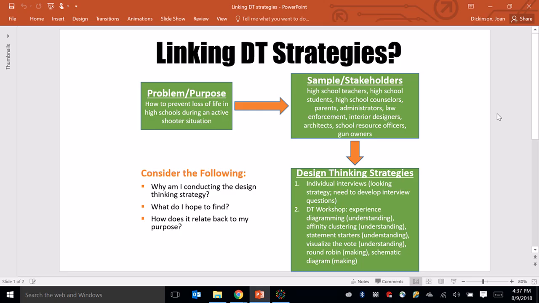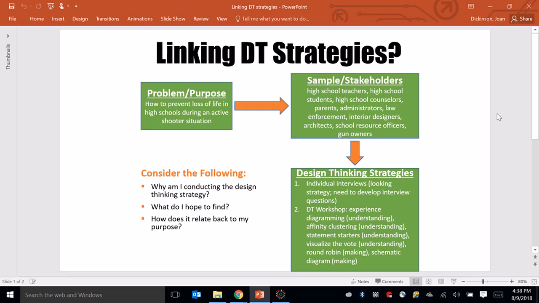The participants were then able to generate these statement starters, and then they voted on what they thought was the most important statement starter to bring forward to use for the round robin exercise, which, as we know, is a making strategy. Once the round robin was completed, the participants were then able to refine the prototyping from the round robin and participate in schematic diagramming.